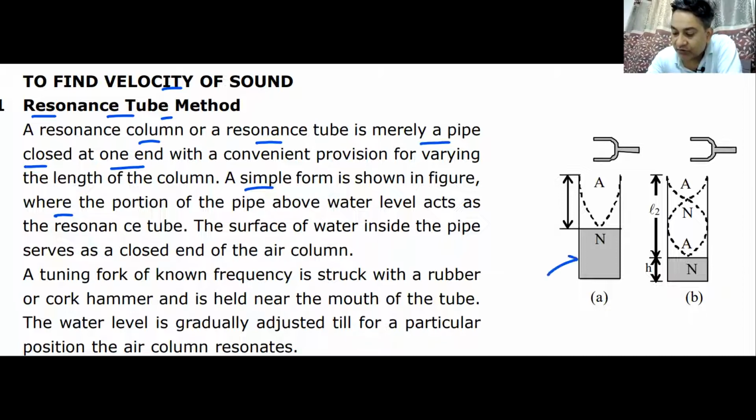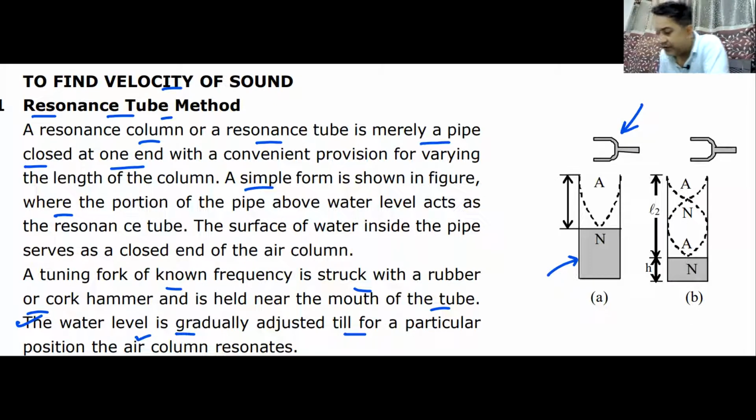This is water, and you can adjust the level of the water surface. Now you have a tuning fork here of known frequency. This is struck with a rubber or cork hammer, and it is held near the mouth of the tube. And you adjust the water level so that you have a resonance.